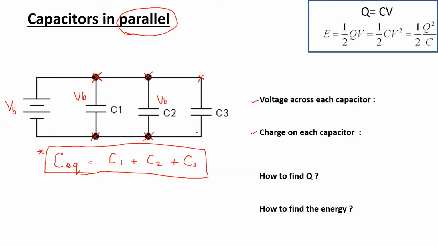Voltage across C3 is also V_B. So that is parallel connection, right? When things are connected in parallel, they have the same voltage. So voltage across each capacitor is the same. And if it's directly connected to a battery like this, it is the same as V_B.